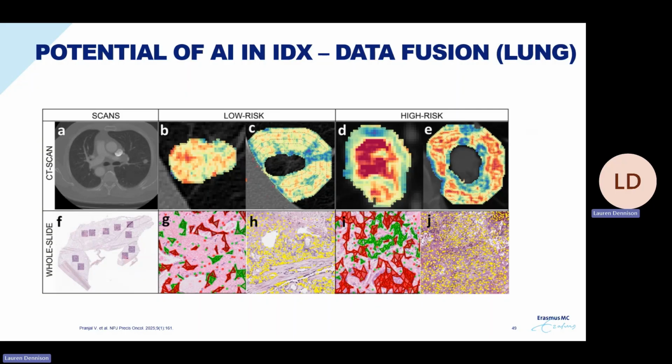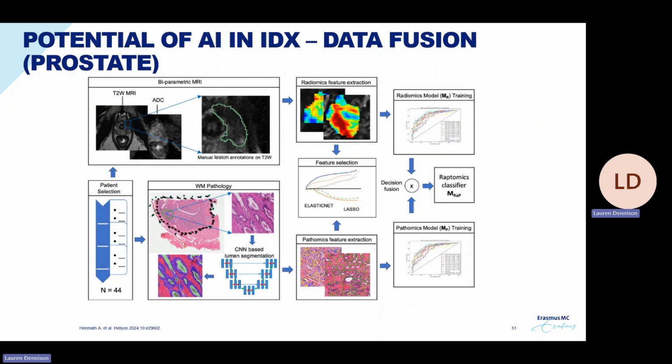So there's an element of explainability here, where both the radiology images and the pathology images, in a GradCam approach, can tell you where the model is focusing to determine whether you're a low-risk or a high-risk patient, as we know from other studies, of course. Prostate, a very similar thing has been done there.